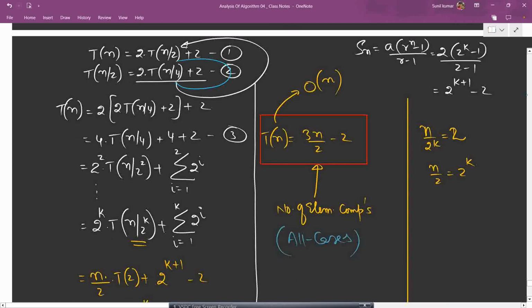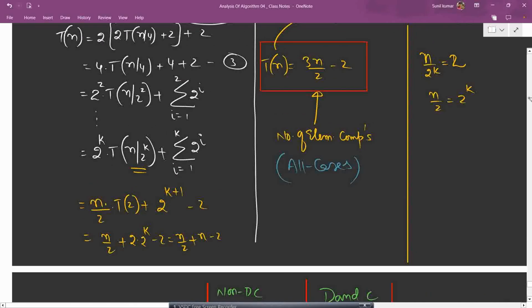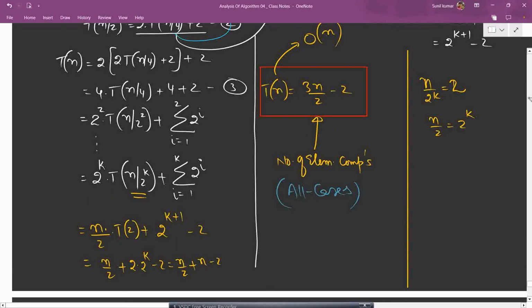With the substitution method, we can say this: expanding the recurrence gives 2 to the power k plus 1, minus 2. Why minus 2? We'll figure it out.